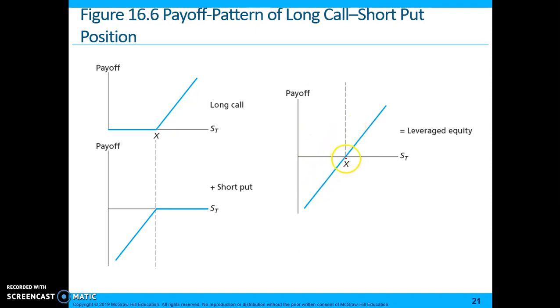So what we did with leverage equity, we created a position where the strike price was our reference point for our profit or loss, and that's the same situation you can create if you write a put and buy a call with the same strike price.